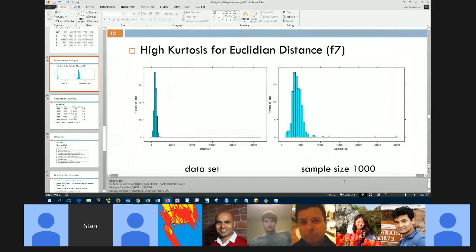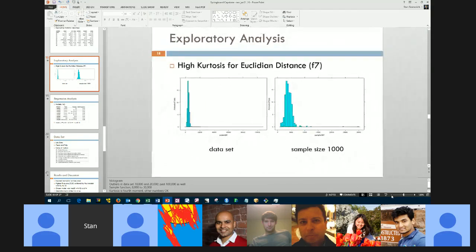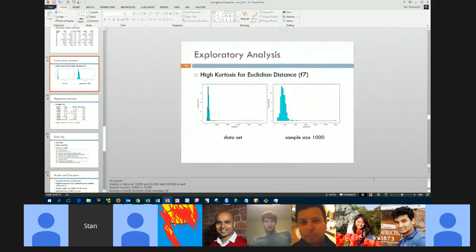Here we took another sample since our data set is so large, and yes, we see it's highly peaked, and we have some outliers way out here, another one way out here, and way out here, but notice the y-axis is a percent of the total. So most of it is highly peaked, but it doesn't look too unusual, so we'll take note of that and just move on to our regression analysis.